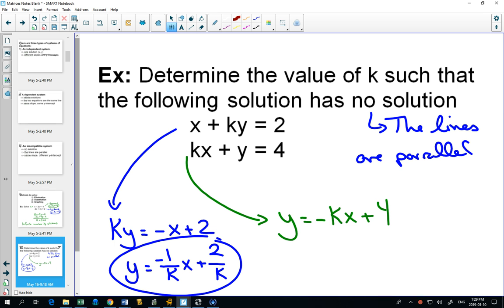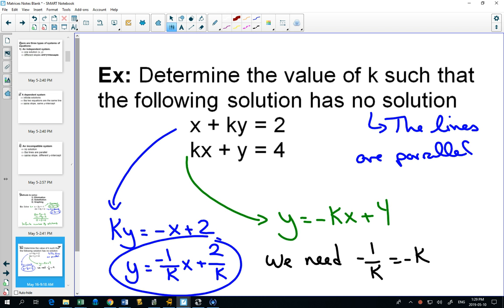If these lines are going to be parallel, they have to have the same slope. The slope of the blue one is negative 1 over k, the slope of the green one is negative k. What do we have then? We need that negative 1 over k, the slope of the blue one, has to equal negative k.